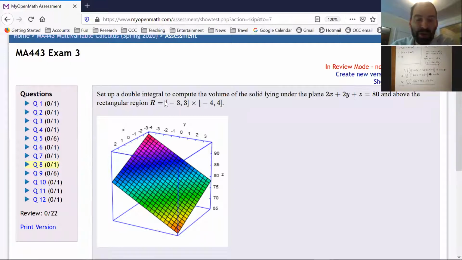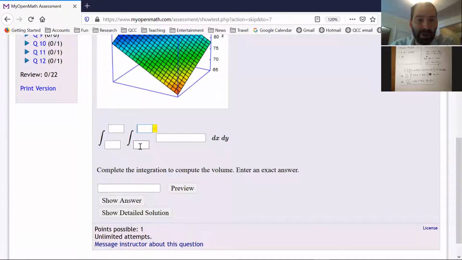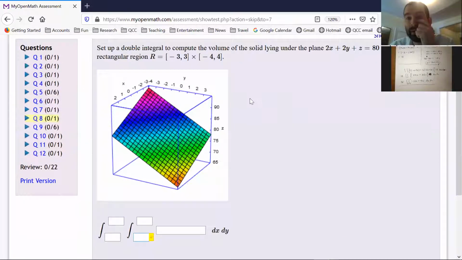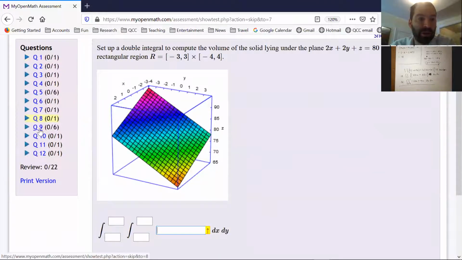But you don't even need to know this notation if you just look at the picture. Here's the x-axis. It goes from -3 to 3. Y is going from -4 to 4. Those are going to be the bounds that you put here. And to find the volume of a solid under a graph, you write this graph as a function of x, y, and you put it in here. So that's how you do that one.